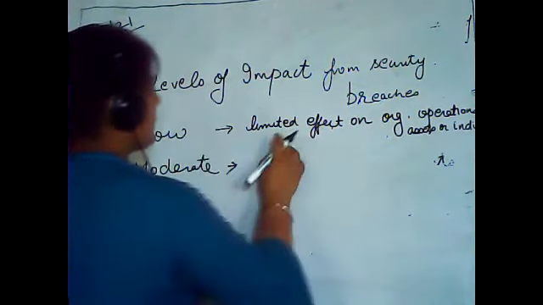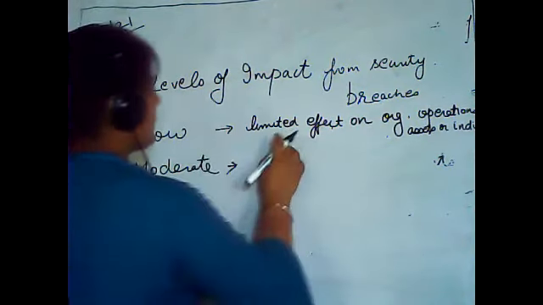Such a moderate impact is quite serious and we need to handle it. It may cause a significant degradation in your mission capability, or it can result in significant damage to organizational assets. We will be discussing all these things one by one with the help of a case study, on how all this may affect your system when we are using this concept of information security.